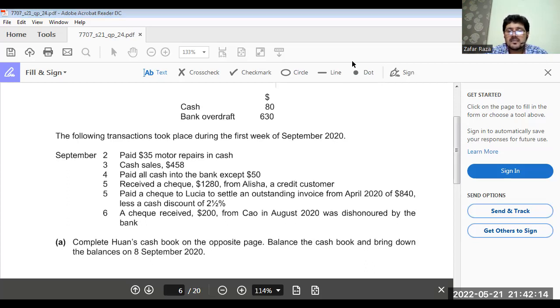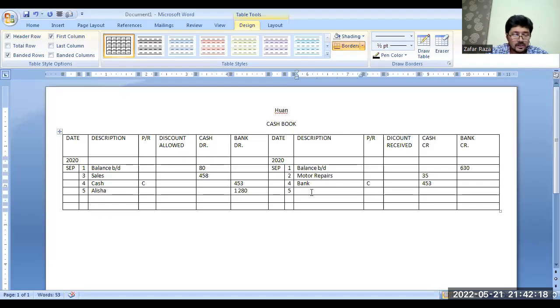Now, the name of the person is Lucia. Discount received is how much? 21. And how much we have to pay through bank? 819. Got it?